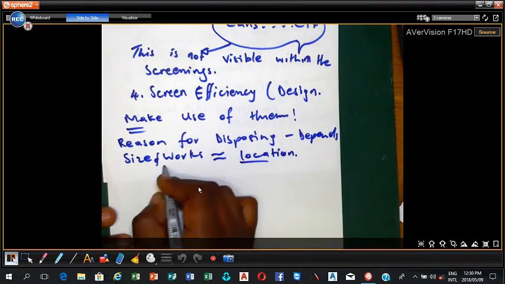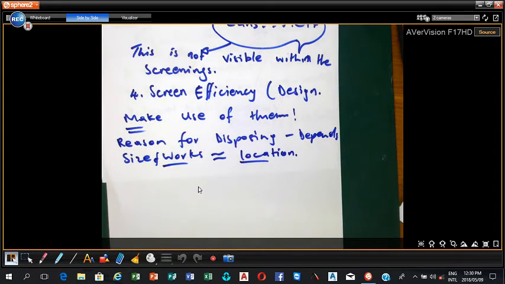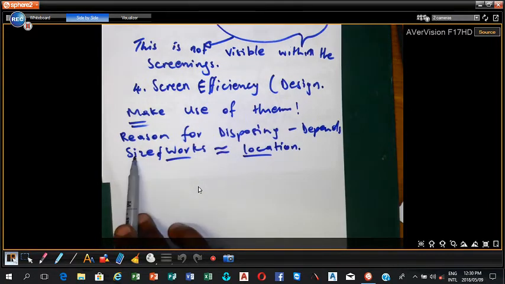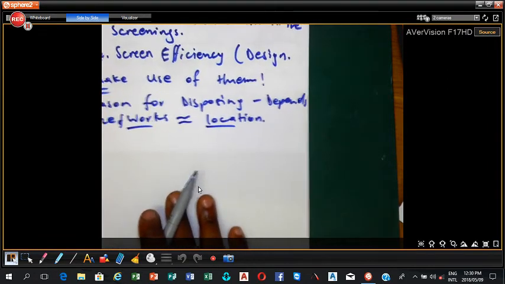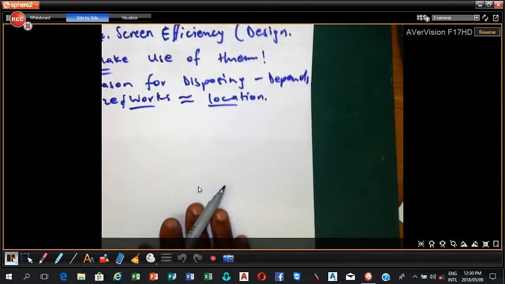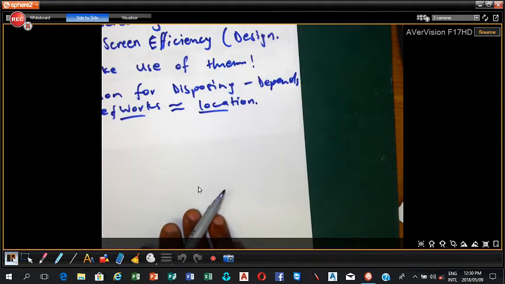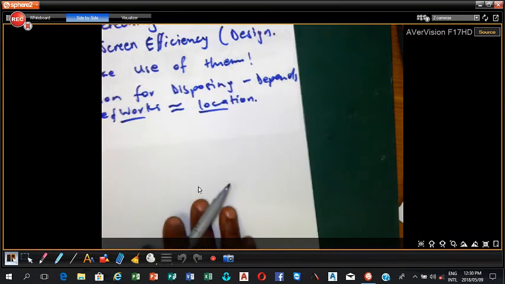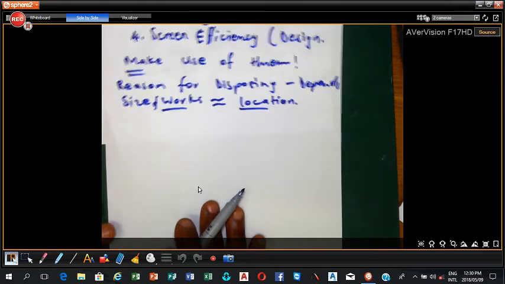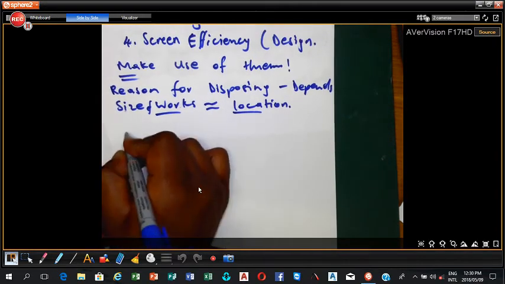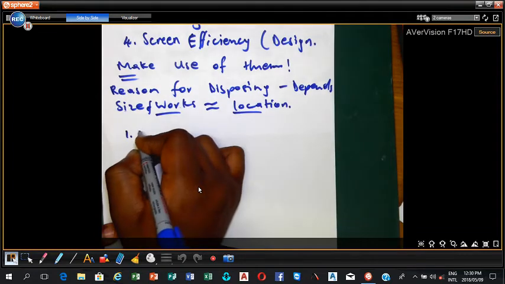When we explain the 3 methods of disposing of the screens, at least you will be able to pick up where the size of the works as well as the location fit into disposing of or making use of the screens. Right, when you dispose of the screens, number 1, it's either you are burying them.